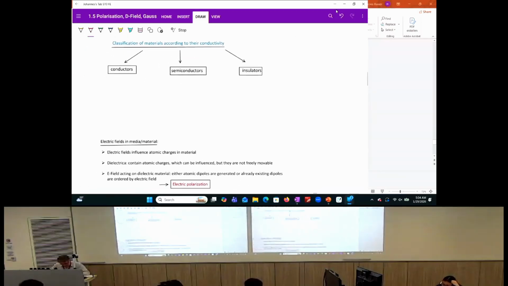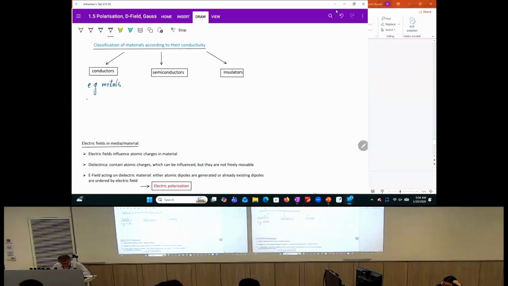So these are metals. And what does conducting well mean? You can specify the mobility of electrons in there, and how many free electrons you have per volume, so to say. So you have around 10 to the power of 22 free electrons per cubic centimeter, roughly.